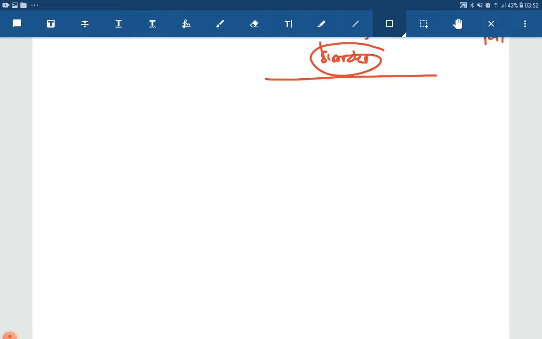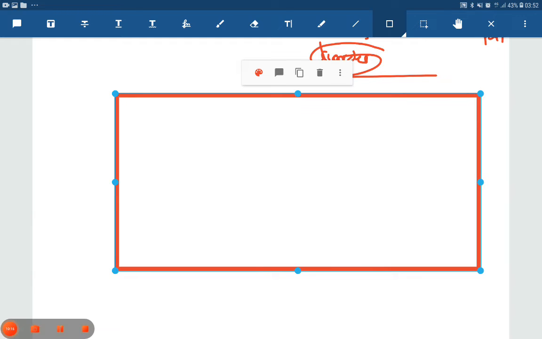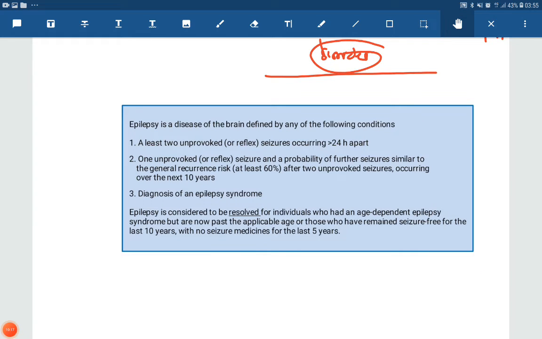So we can look at it here. This is from the ILAE, and these are the key things that define epilepsy.